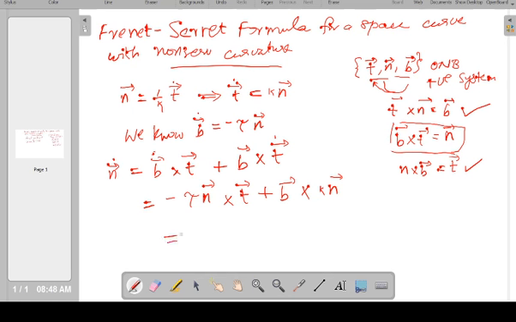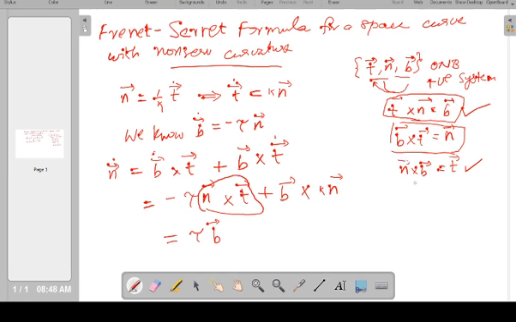Now what is n cross T? n cross T is minus B, so this becomes tau B. Now what is B cross n?